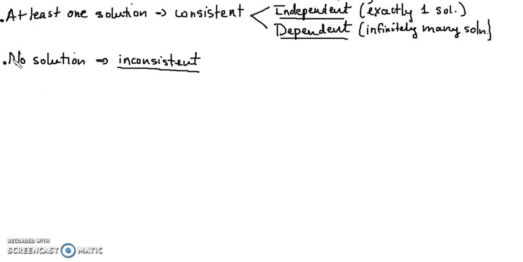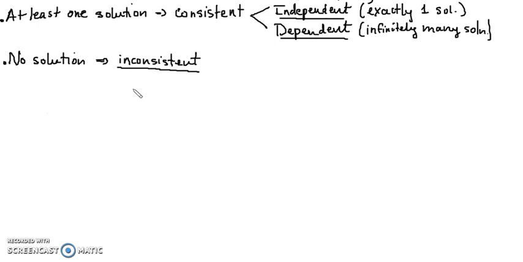The second scenario is if a system has at least one solution, then it is called consistent. But within the consistent system, we also have 2 other scenarios: either exactly one solution or infinitely many solutions. So three scenarios. Let's see how they correspond to each other.